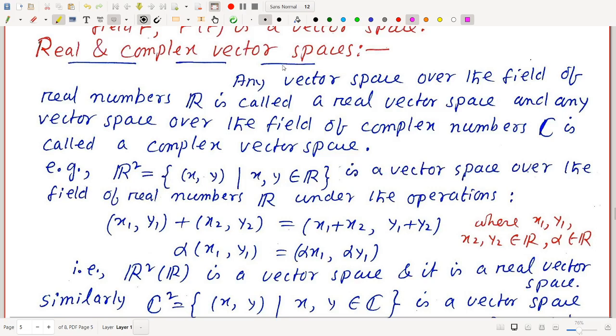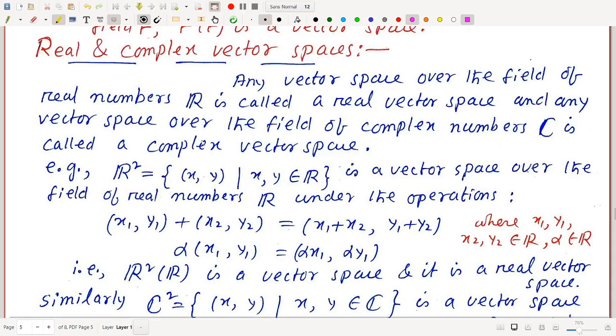Then real and complex vector spaces. Any vector space or linear space over the field of real numbers R. The set of all real numbers forms a field under usual addition and multiplication. So V is a vector space, and if your field is R, the set of real numbers, the real field, then this vector space is called a real vector space.